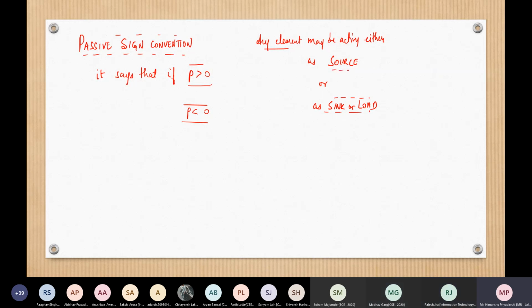Yes, sir. So if P is greater than 0, then you have to choose whether the element is passive or not.